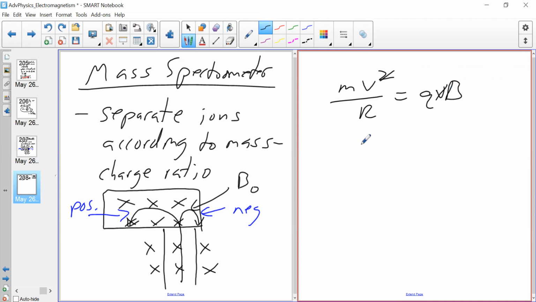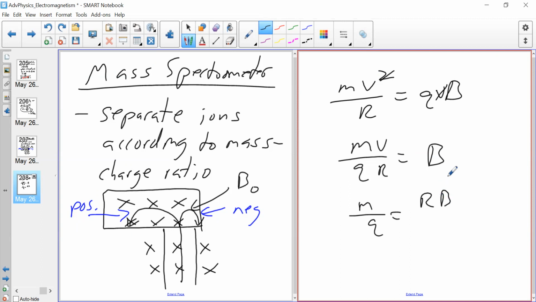Then I want to get this mass charge ratio, so m divided by q. v r equals B, so m over q is going to be r B divided by velocity.